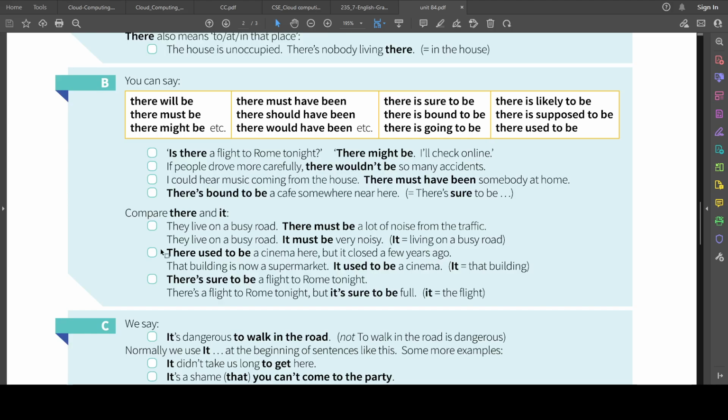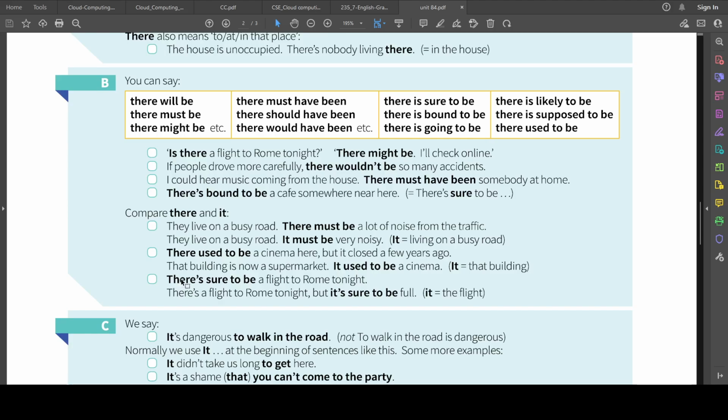We are talking about the existence. But in the second one, it used to be a cinema, right? We are referring to that building through the pronoun it. In that case, it used to be a cinema. With it, we are referring to that building, which is now a supermarket.